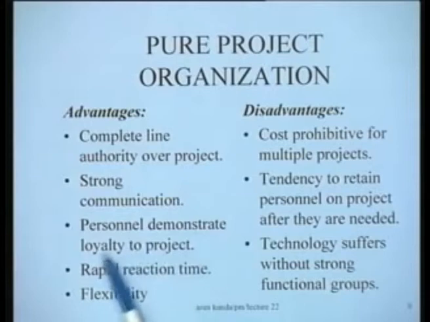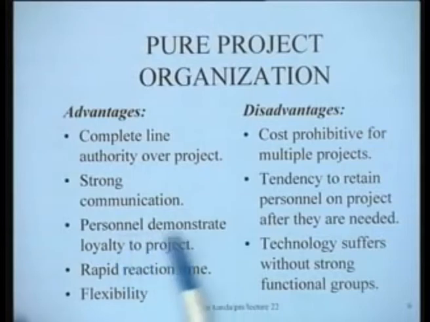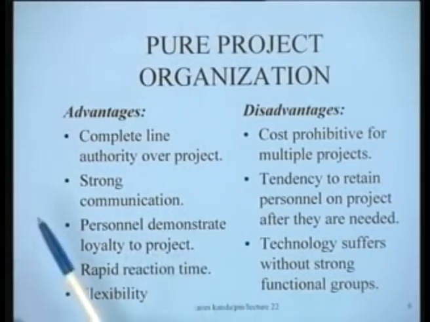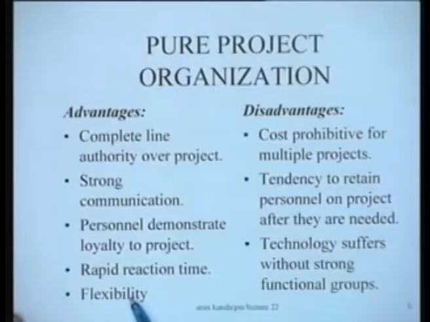The personnel demonstrate loyalty to the project, unlike the functional organization where the project was a kind of floating around entity. Here it is the major entity and therefore personnel will demonstrate loyalty to the project. There is a rapid reaction time here. The time to implement a decision, the time to do something here would be much smaller and it has flexibility. So it is a good thing for the project implementation from that point of view.